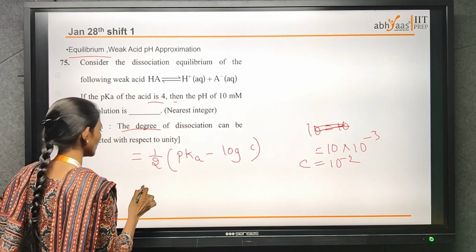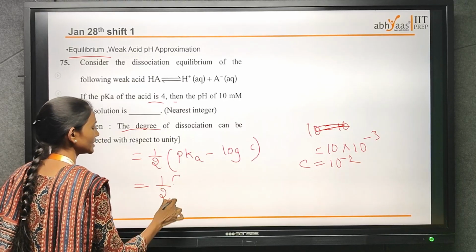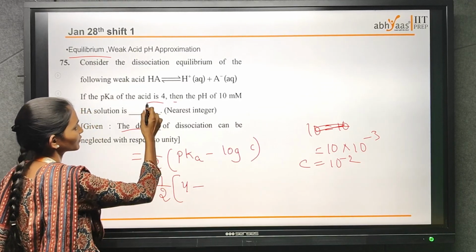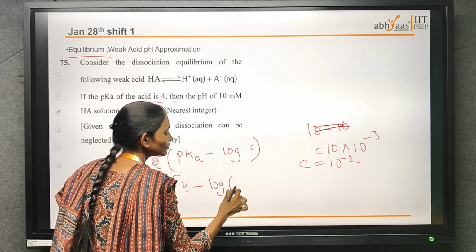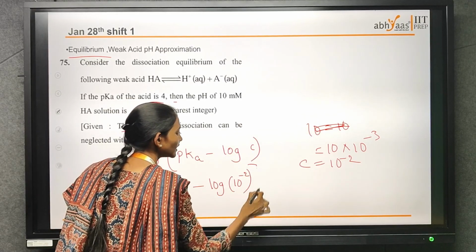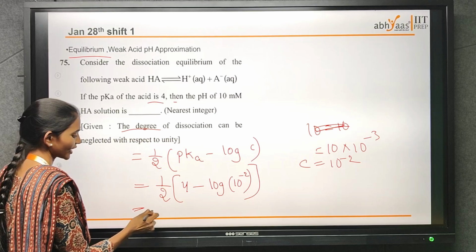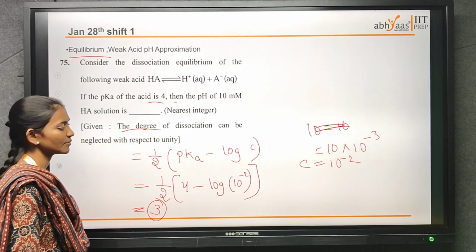If you substitute here, you are getting 1/2 times pKa, already given 4, minus log C, that means log of 10 to the power of minus 2, right? Upon calculating, you are getting 3. Your answer will be 3.